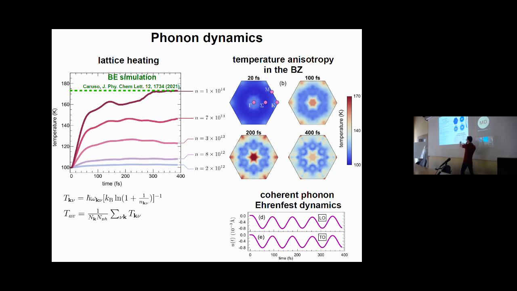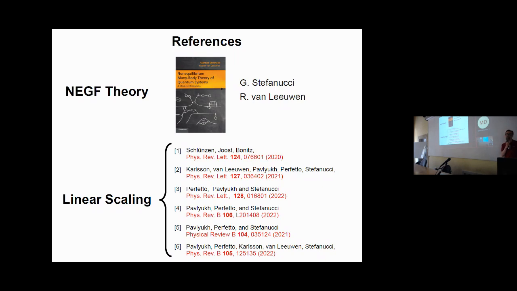And we see that the nuclei oscillate coherently even when the electronic bath is now completely incoherent. Here we are in the incoherent regime, but the nuclei still move coherently. So this means that the nuclear coherence survives much longer. So with this I conclude, and you can have a look at these references if you are interested in the topic, and I thank you very much.